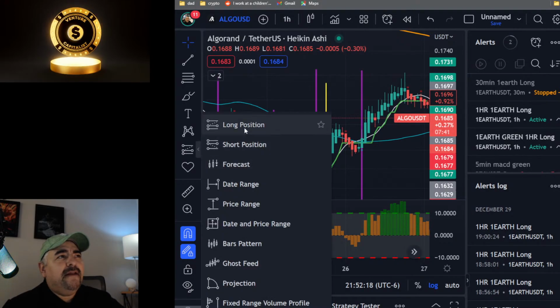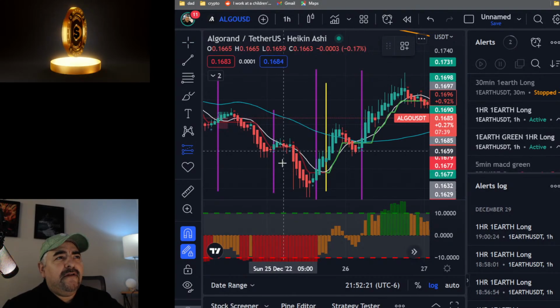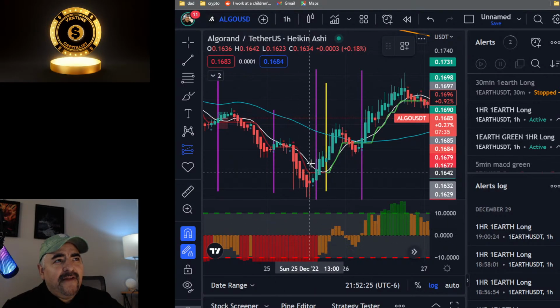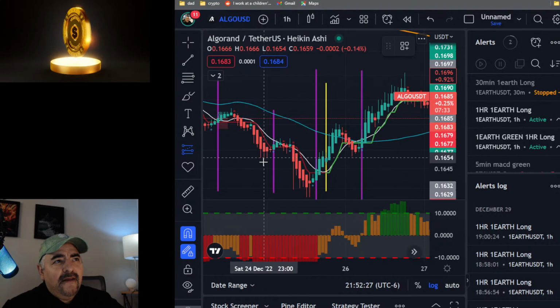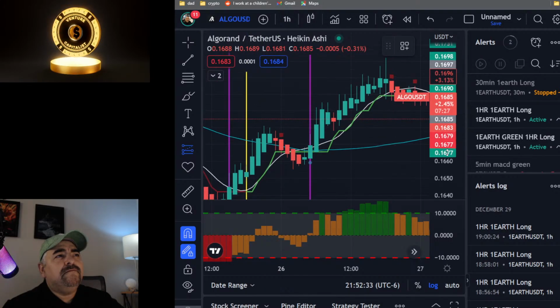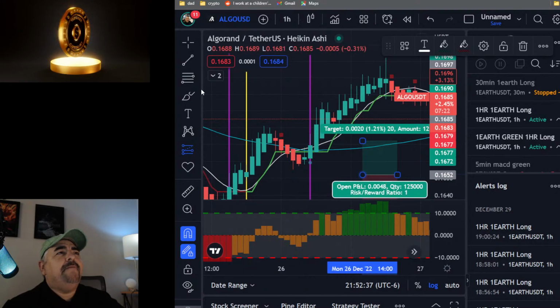And this trade is a long position. We're going to jump in. Obviously, our MACD went to the positive side, so we're getting in. Right there.